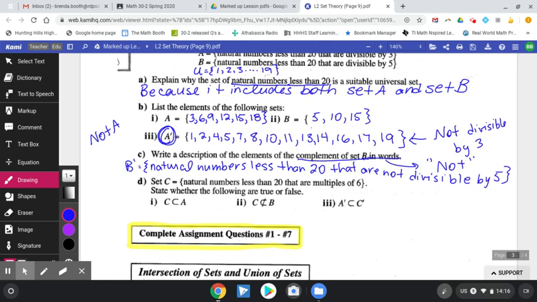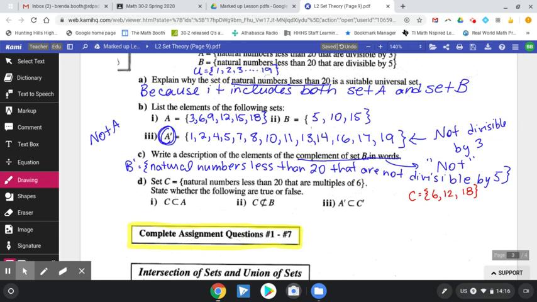So you notice it didn't say to make a list of these numbers, but I would think that it probably makes it easier if we do actually see these numbers. So let's go off on the side here. We're going to put C. So natural numbers less than 20 that are multiples of 6. So that would include 6, 12, and 18.